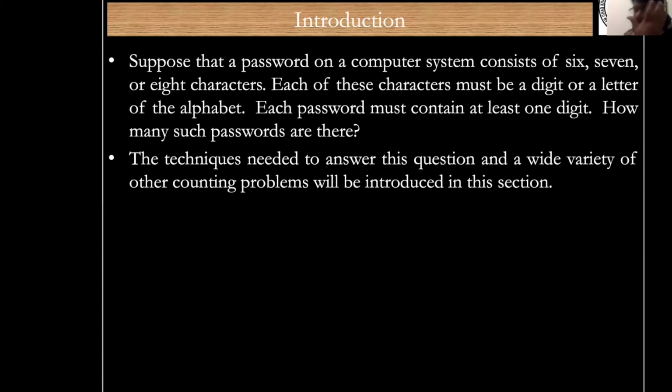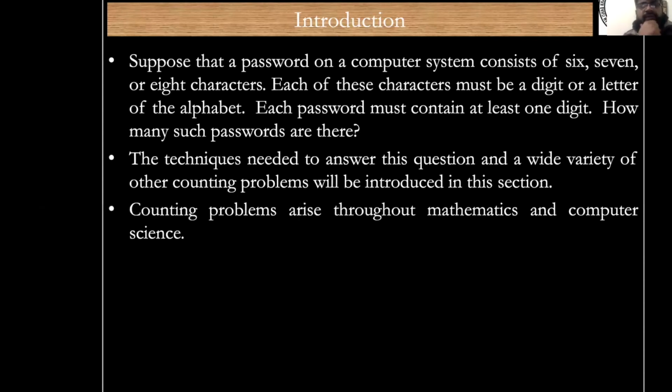That's why you need to go through this section, and you'll be studying some rules and techniques to answer similar questions. Counting problems arise throughout mathematics and computer science. This is one of the fundamental problems of mathematics and computer science, which has been around for many long years.